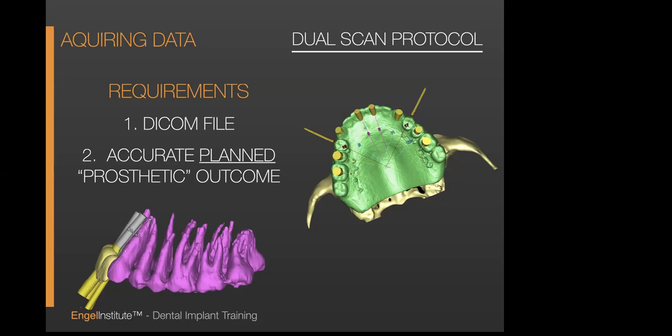So there are 2 files that we are going to need, regardless of which type of case you're going to do. One is what's called a DICOM file, and the other is an accurate, planned, final prosthetic outcome. And I will tell you that right now, this is the biggest thing that's haunting and hurting many GPs who are not familiar with this, who are attempting to do all-on-X procedures.